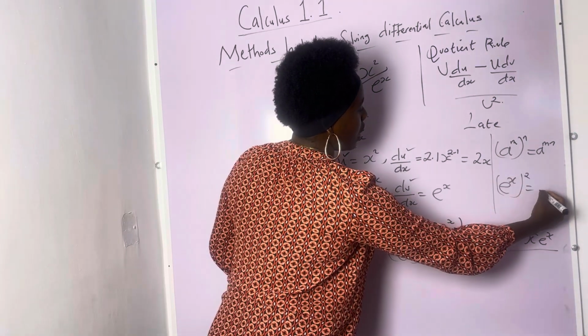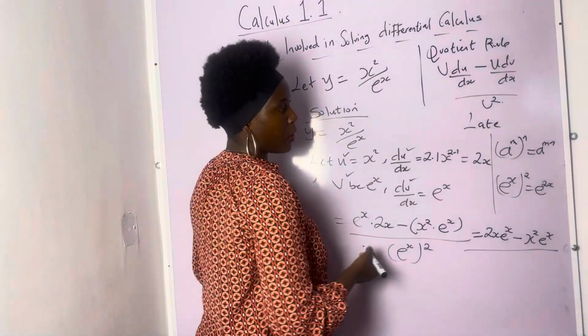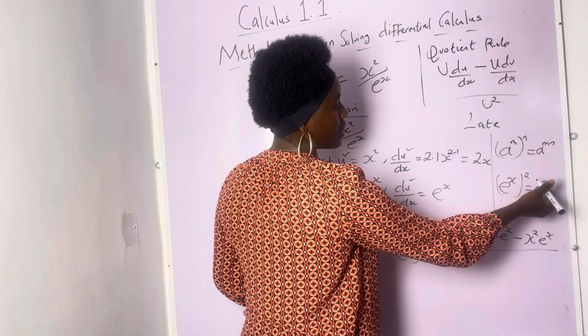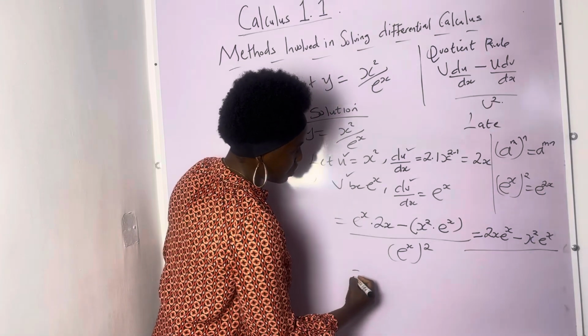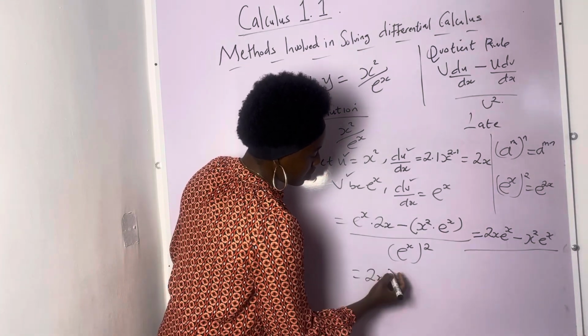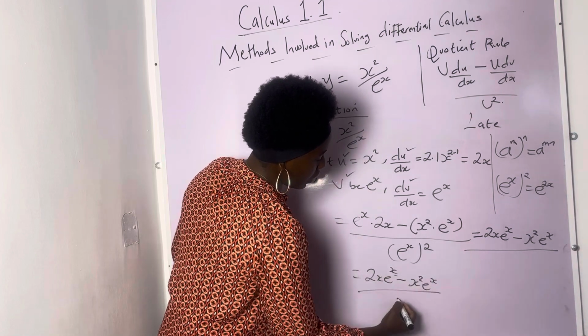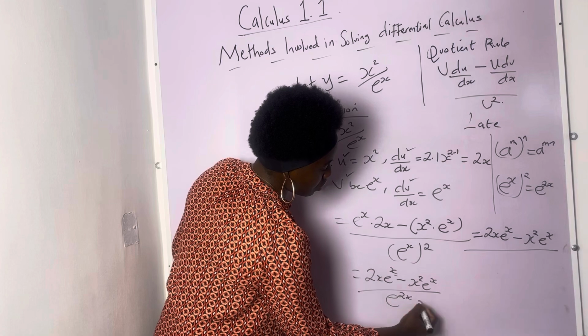This is simply exponential 2x, because you multiply 2 times x. So we have 2x exponential x minus x squared exponential x all over exponential 2x.